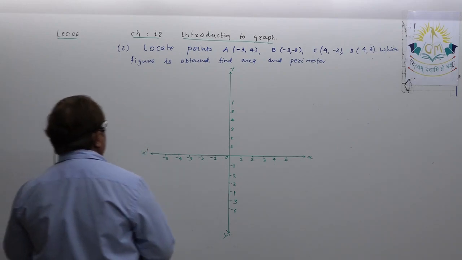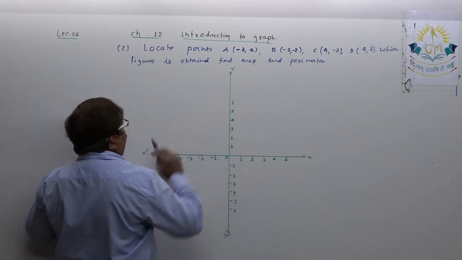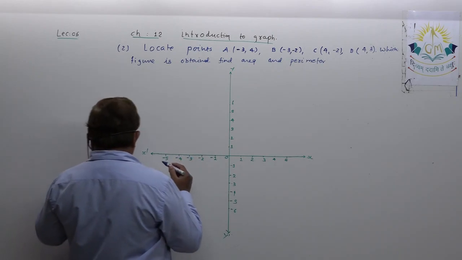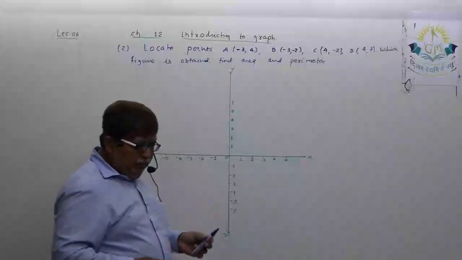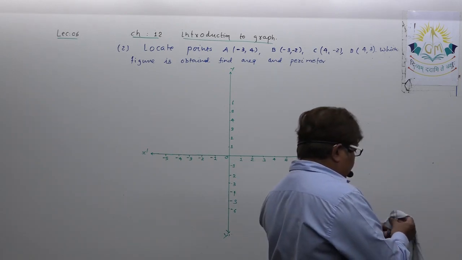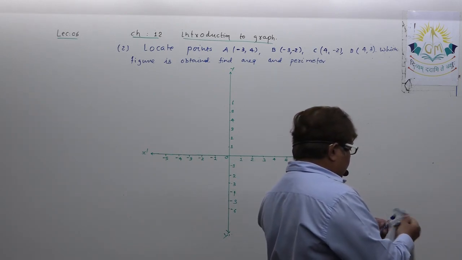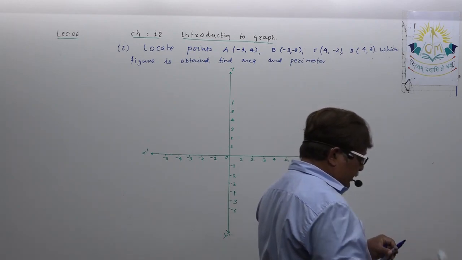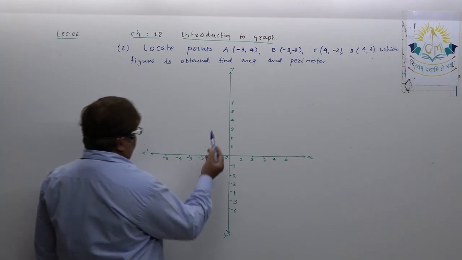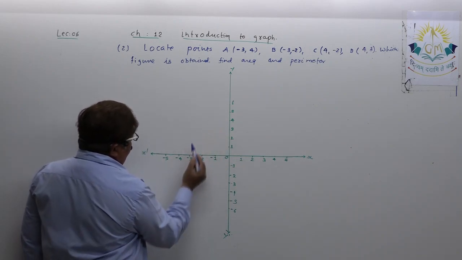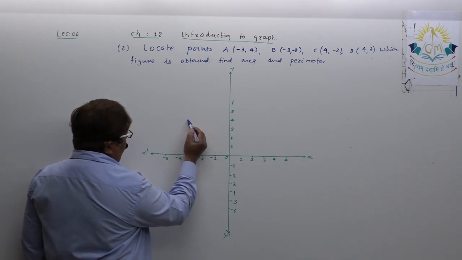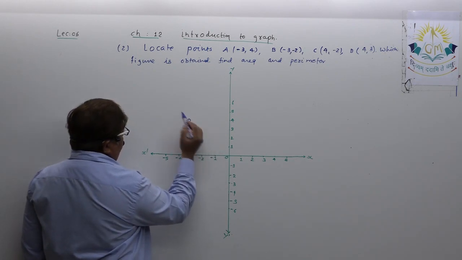And then let us try to locate the points. The first one, A minus 3 comma 4. That means x coordinate is minus 3 and y coordinate is 4. So the point will lie here. That is just a guess without drawing the dotted line, dear student.